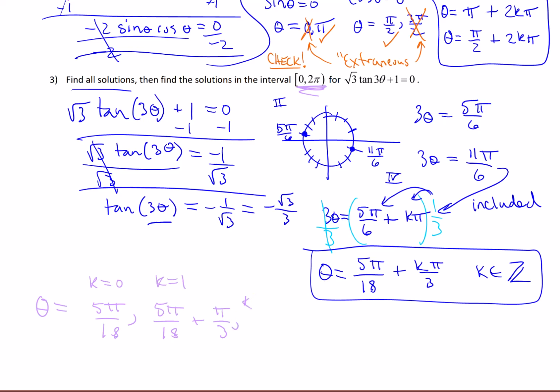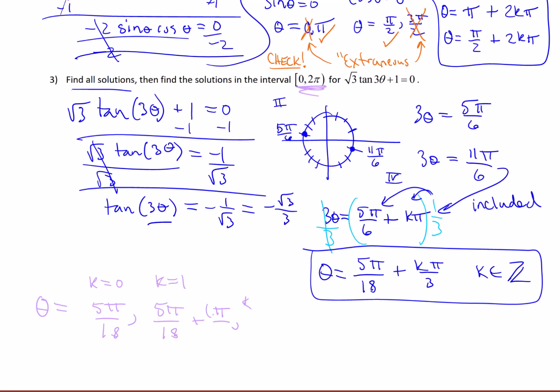Let's say they wanted all of them within the first wrap of the circle. So let's double check this. 5 pi over 18, that's a little bit less than 1/3 of a pi. Certainly that's within one full circle. The next one, it may be helpful to combine these fractions, right? Pi over 3 in terms of 18 would be 6 pi over 18.